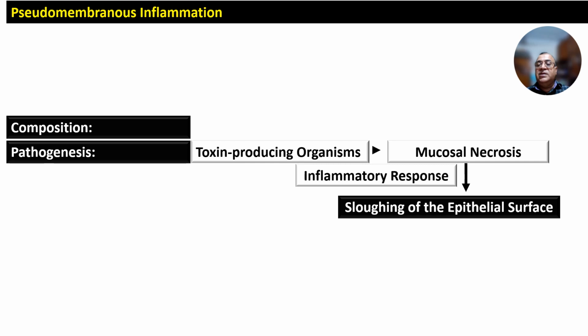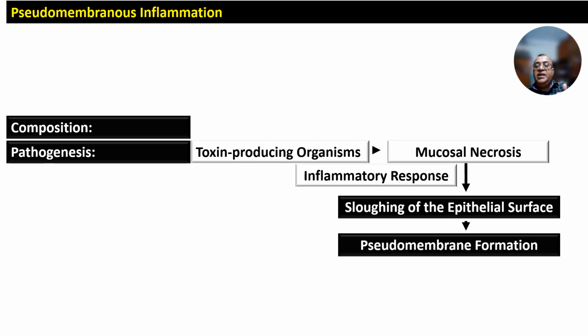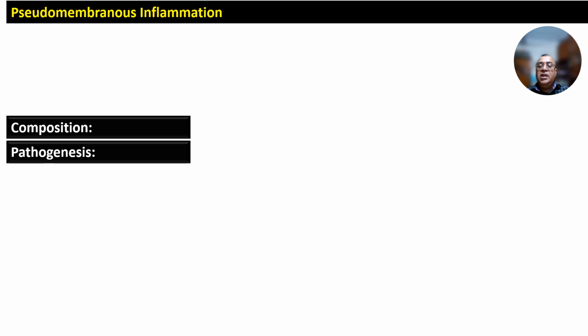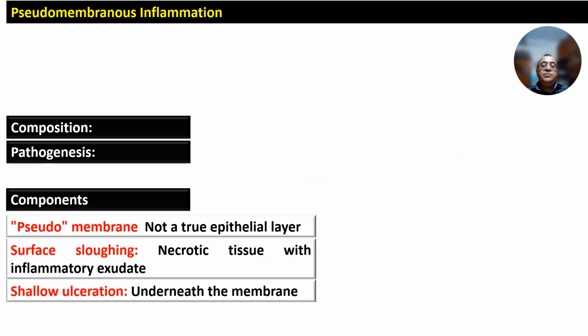As a result there is sloughing of the epithelial surface, and this sloughing together with the deposited material forms a pseudomembrane. So we can say that the components of the pseudomembrane are the sloughed surface, that is the necrotic tissue, with inflammatory exudate.